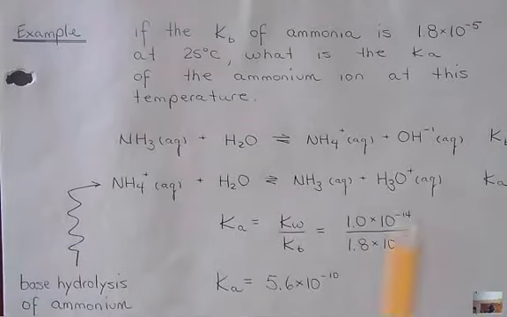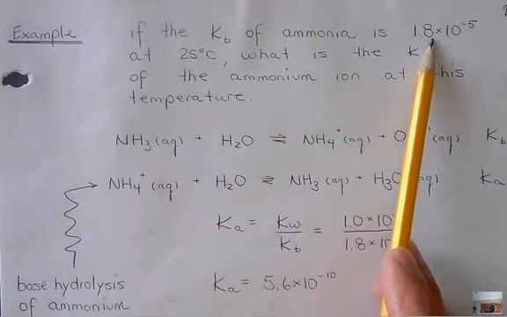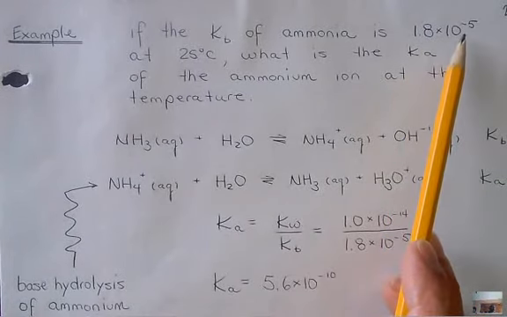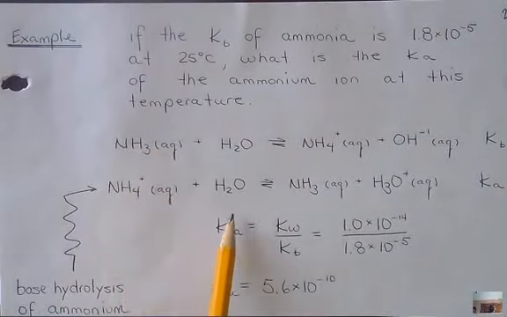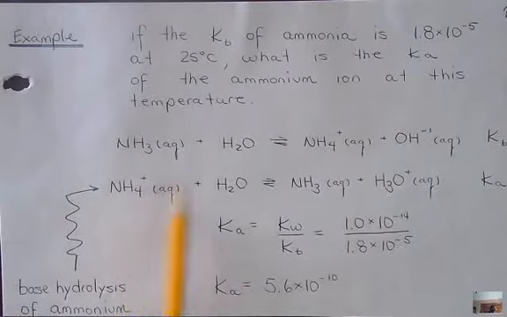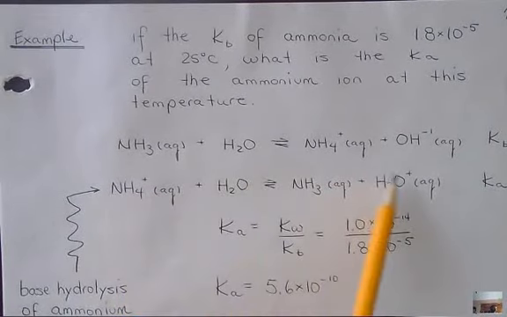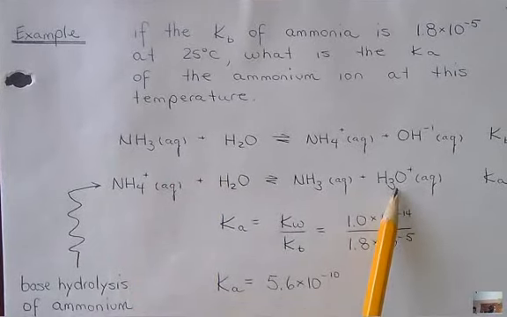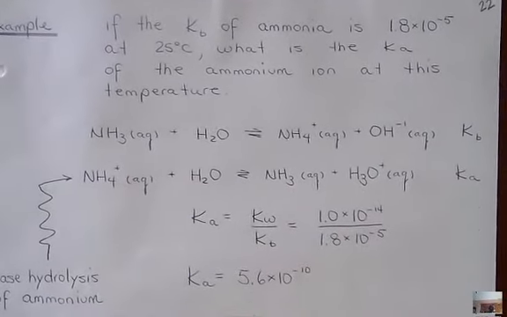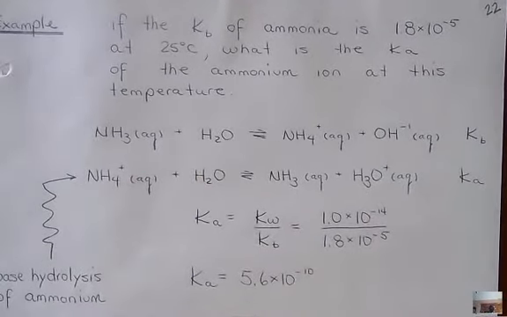Okay, so here's the reaction for Kb, and I'm giving you its value, 1.8 times 10 to the minus 5, and I'm asking you the conjugate acid of ammonia. If it was to hydrolyze, it would give you the ammonia back and protonate this water to make hydronium. So what's its Ka? So the ammonium ion is acidic, right?